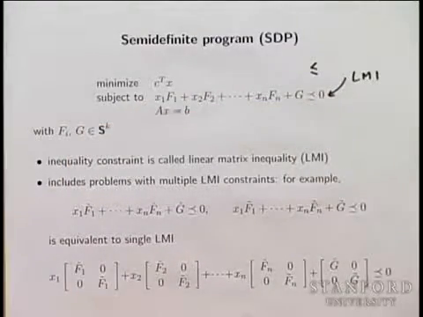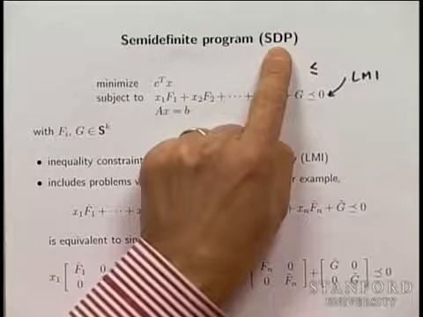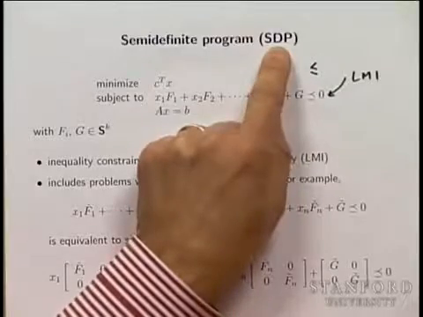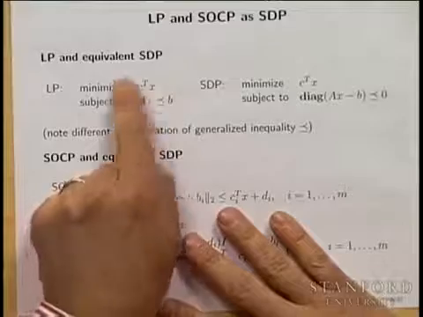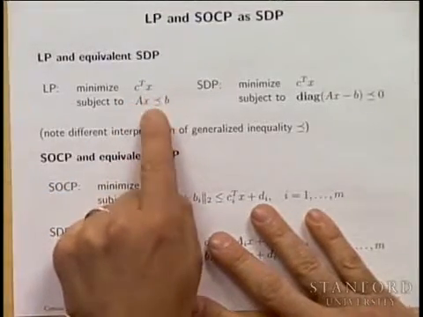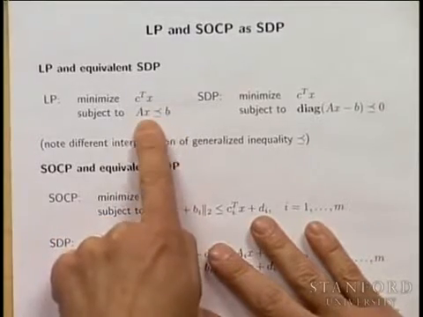Okay. Now, semi-definite programming is a generalization of everything you've seen so far except geometric programming. So let's see how. It's a proper generalization of linear programming. So how do you represent this linear program this way? Now, this inequality here is a vector inequality, so it means element-wise.